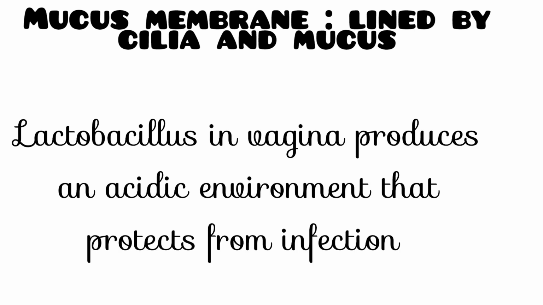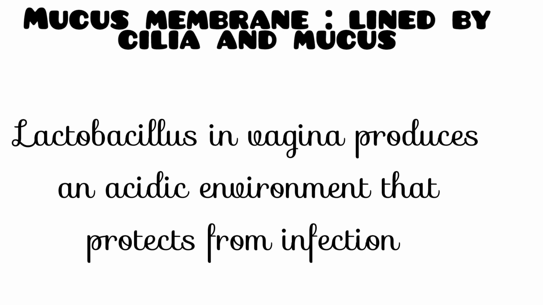The vagina of adult women is protected by the low pH, which is generated by the lactobacilli that are present in the vagina as the normal flora, and they are producing some acids that are keeping the pH acidic, and it is also providing an antimicrobial effect.